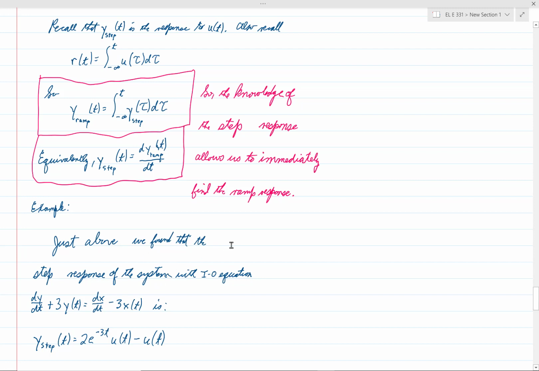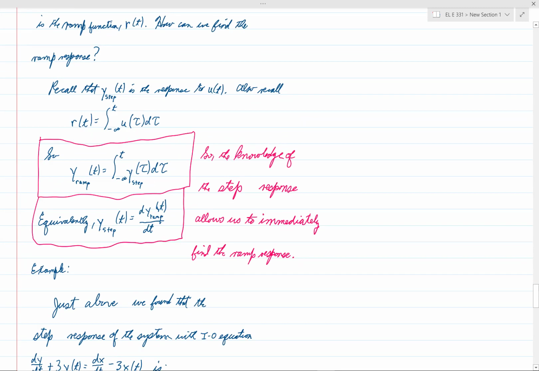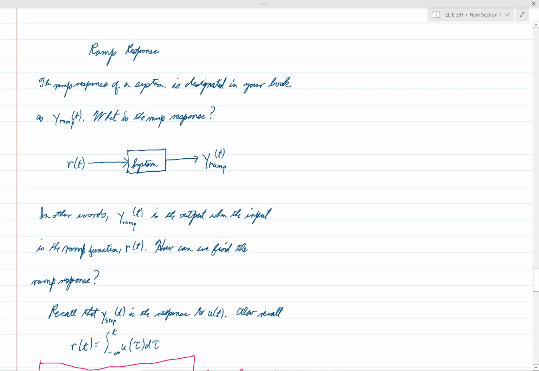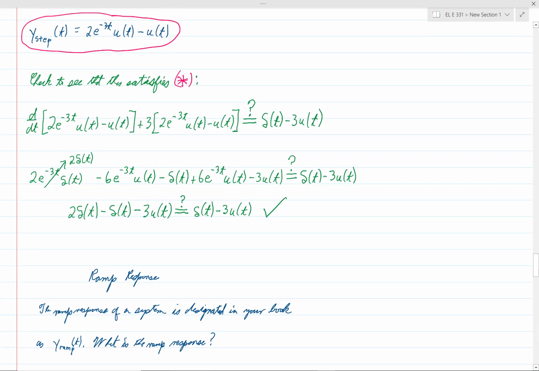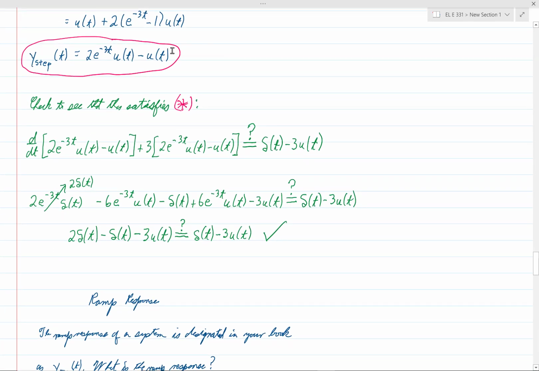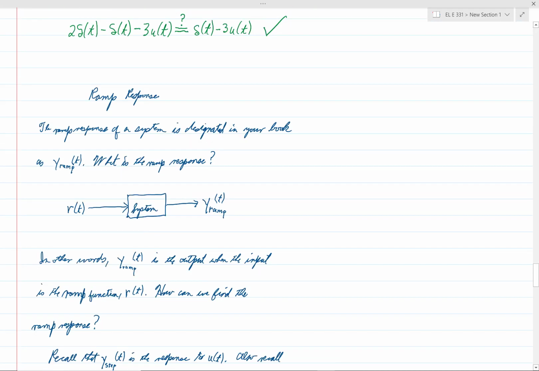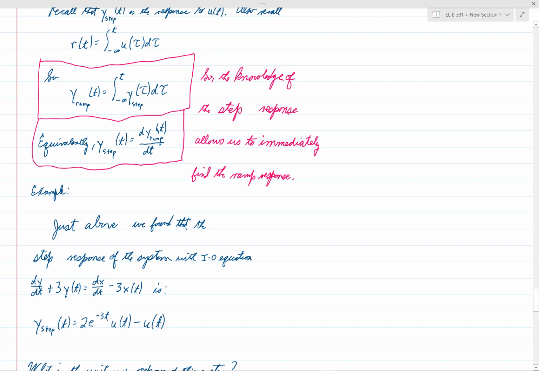And in that case, we found the impulse response. And now just above, we found the step response to that system right here. And that's what we have repeated down here. So now if we integrate this one more time, we will find the ramp response.